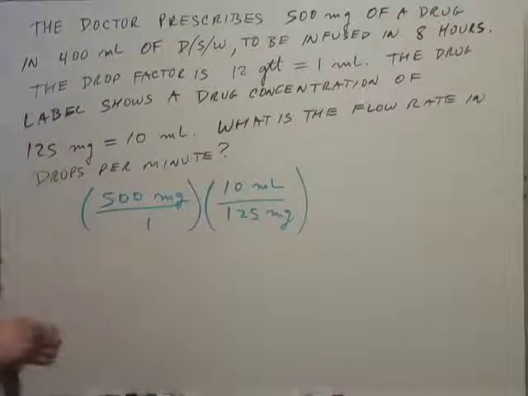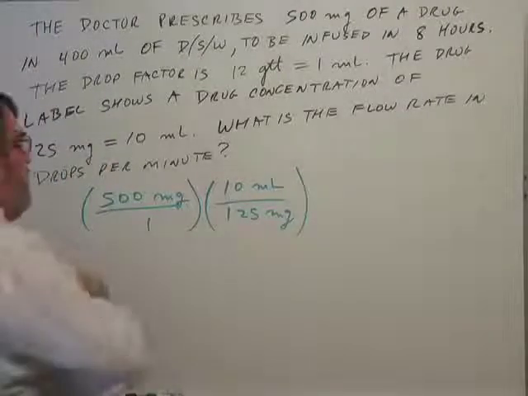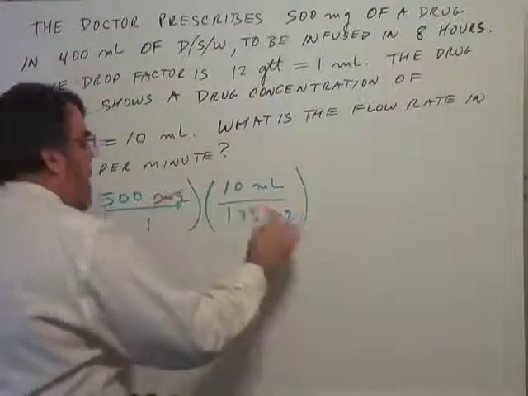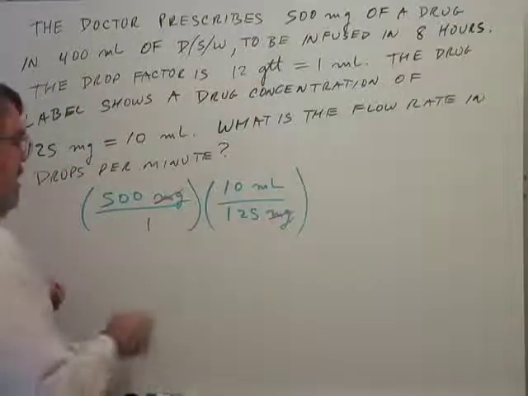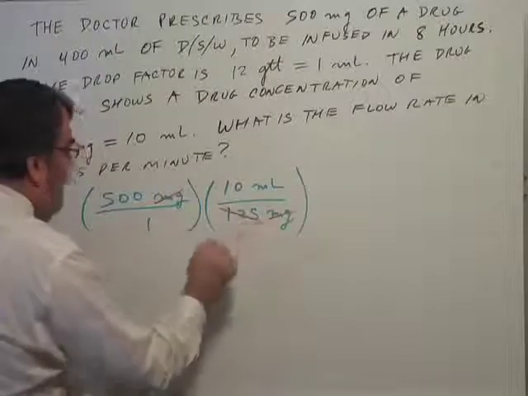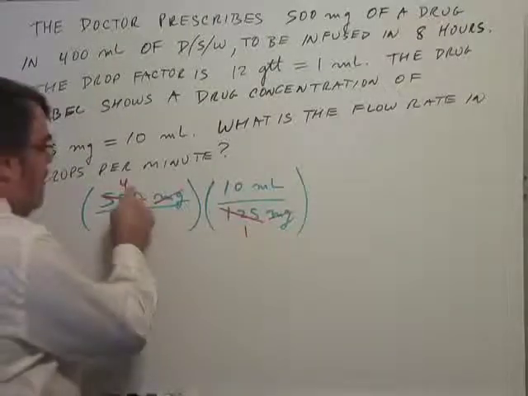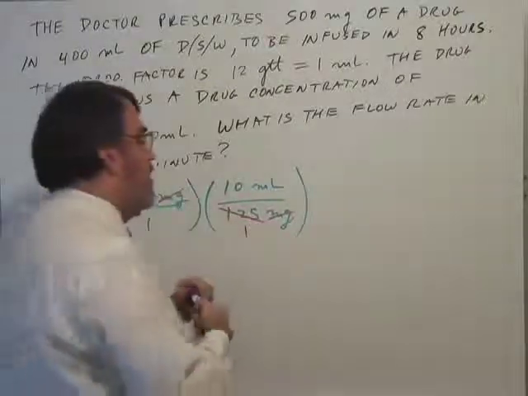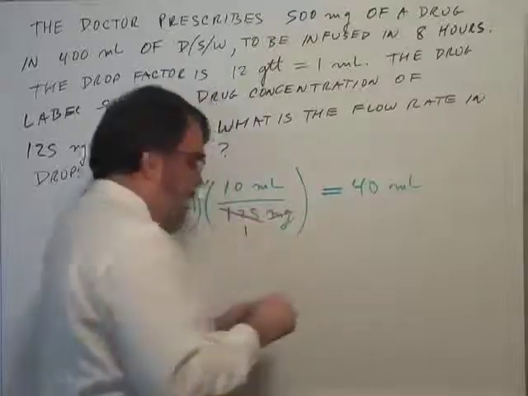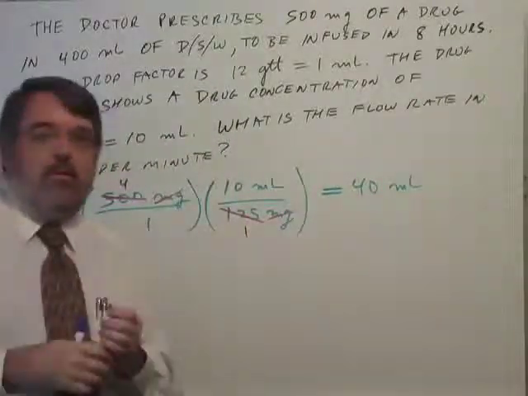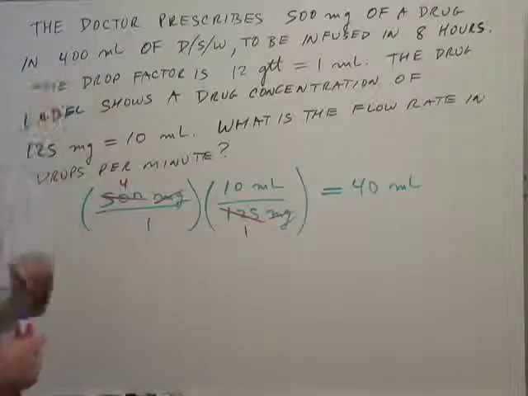This calculation tells me how many milliliters of the solution we're going to need to use. We cancel milligrams, that gives milliliters. 125 will cancel into 500 4 times. So we end up with 4 times 10, 40 milliliters. Once that is mixed together, pour the 40 milliliters in with the 400 milliliters.